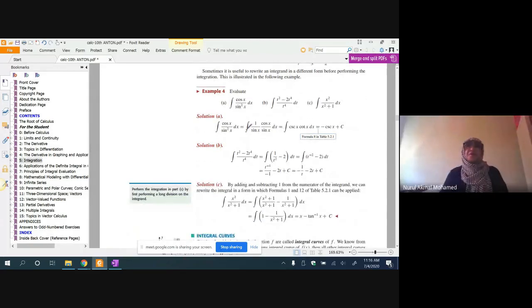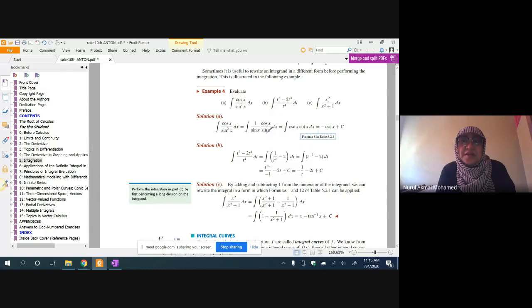Now example 4. For example 4, you have integration of cos x divided by sine squared x. It is not so obvious that you can solve this integral. So what we do here is we split this sine squared x so that it's in terms of sine x multiplied with sine x. So the first one will be 1 over sine x, another one will be cos x divided by sine x.